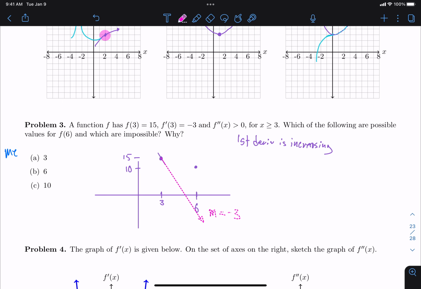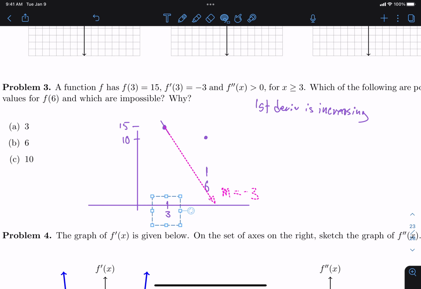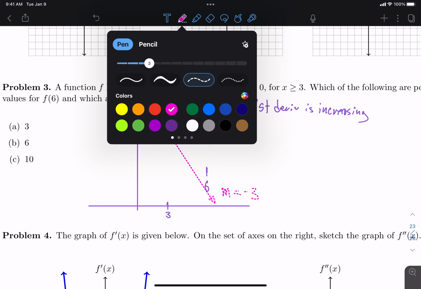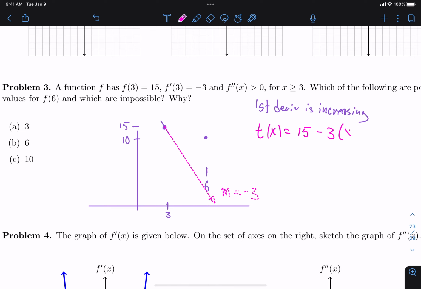Okay, so let's see which one of these is possible. If I wanted to find the actual point on this line which corresponds to x equals 6, it's probably going to be a positive point, I'm guessing. Let's find the equation of this line. The equation of that line is the equation of the tangent line. So this line has equation t of x equals 15 minus 3 times (x minus 3).